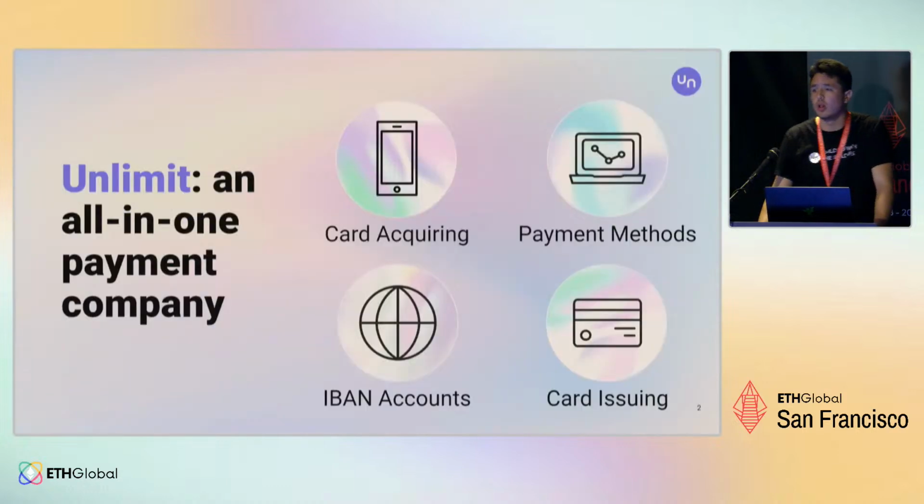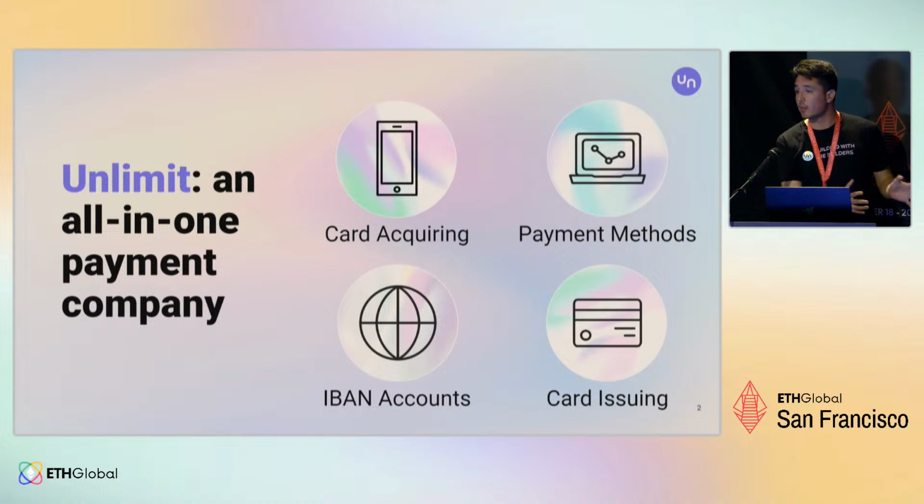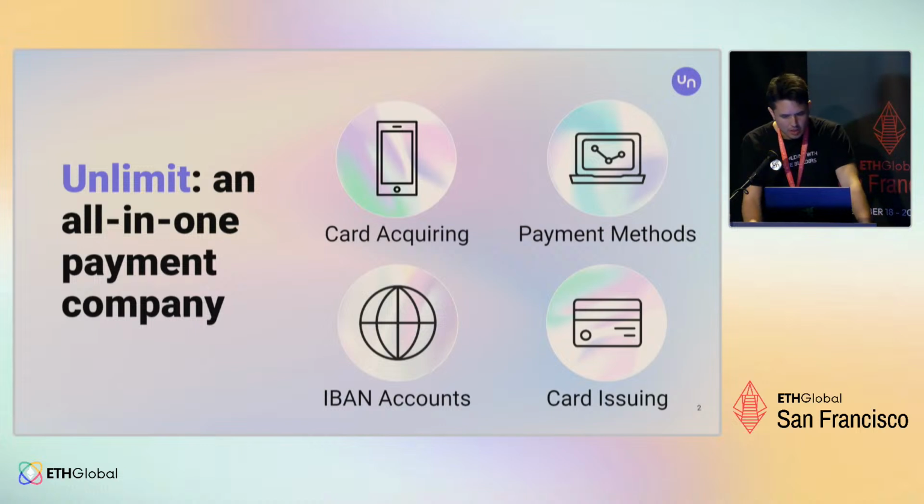So a little bit about Unlimit. We are an all-in-one payment company, basically. It started, formerly known as CarPay, in 2009, and became one of the most important players in Europe. Currently, we are the biggest player in Europe. We have global presence, not only there, but also in Latin America, Southeast Asia, Africa, and of course, US and Canada.